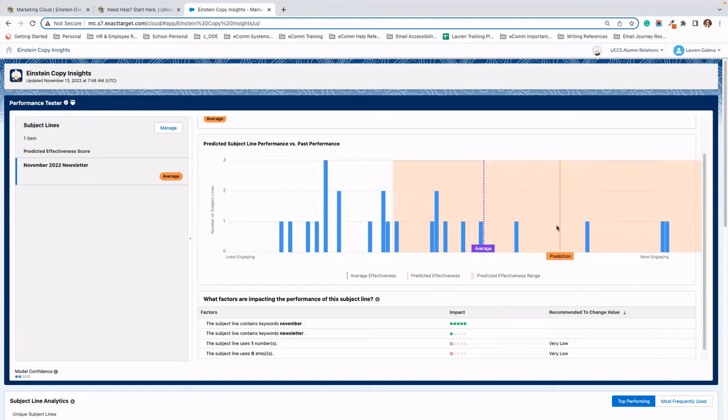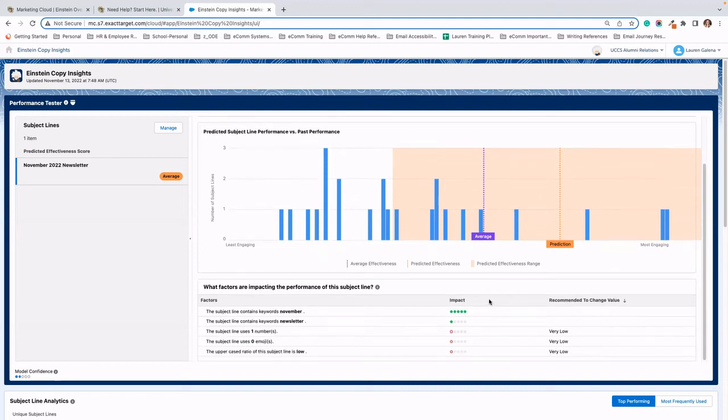This orange bar here is the predicted effectiveness range. The purple line is the average effectiveness for the business unit. And then the orange line shows the prediction for the subject line that you've tested. So we can see that November 2022 newsletter falls in the predicted effectiveness range and is higher than the average in this business unit.